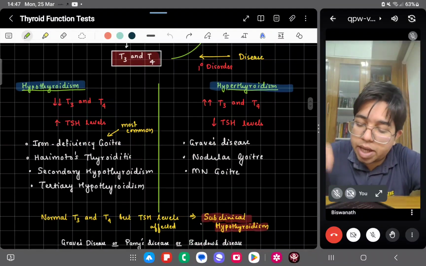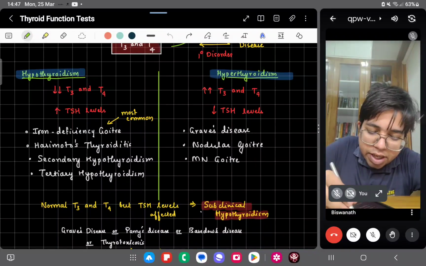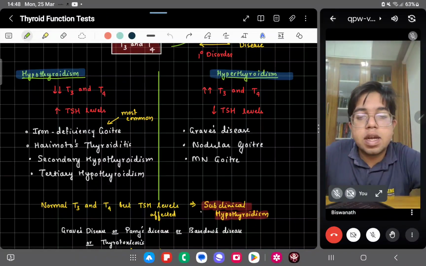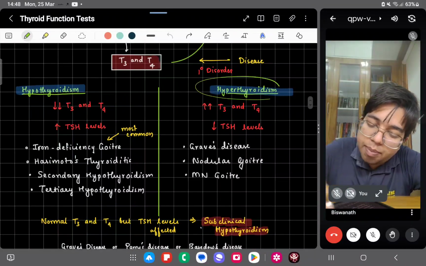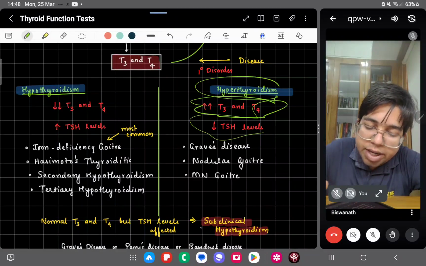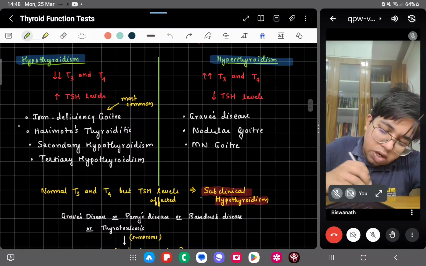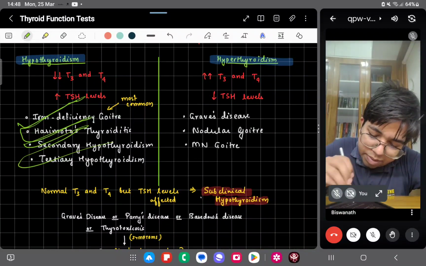Hypothyroidism we know: decreased T3 and T4, increased TSH, obviously. T3 and T4 will be decreased, and because these are not producing, TSH will increase uncontrollably. And in hyper, increased T3 and T4 and decreased TSH. Easy. What are the cases we saw? Iodine deficiency goiter, Hashimoto's thyroiditis, secondary hypothyroidism, tertiary hypothyroidism.